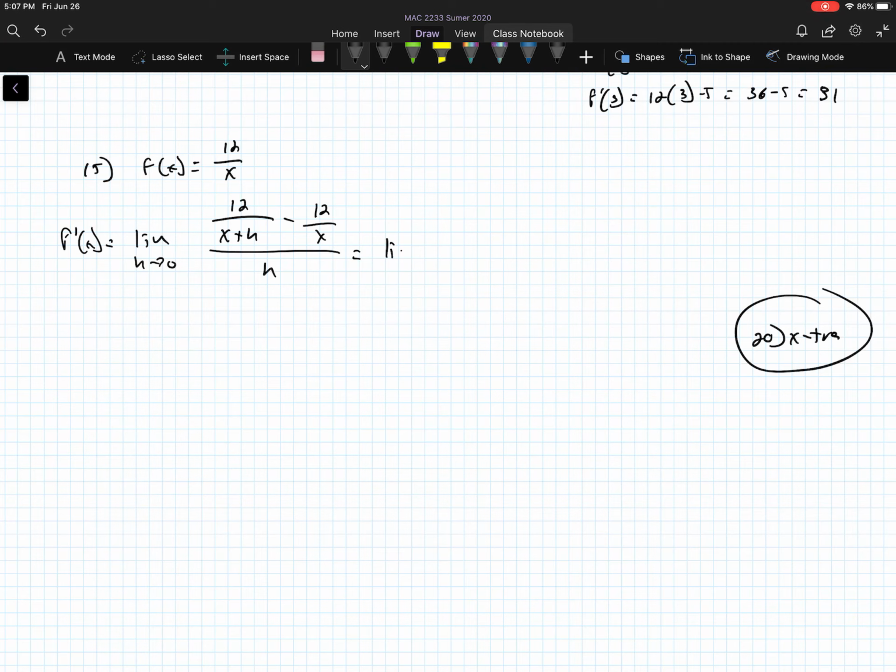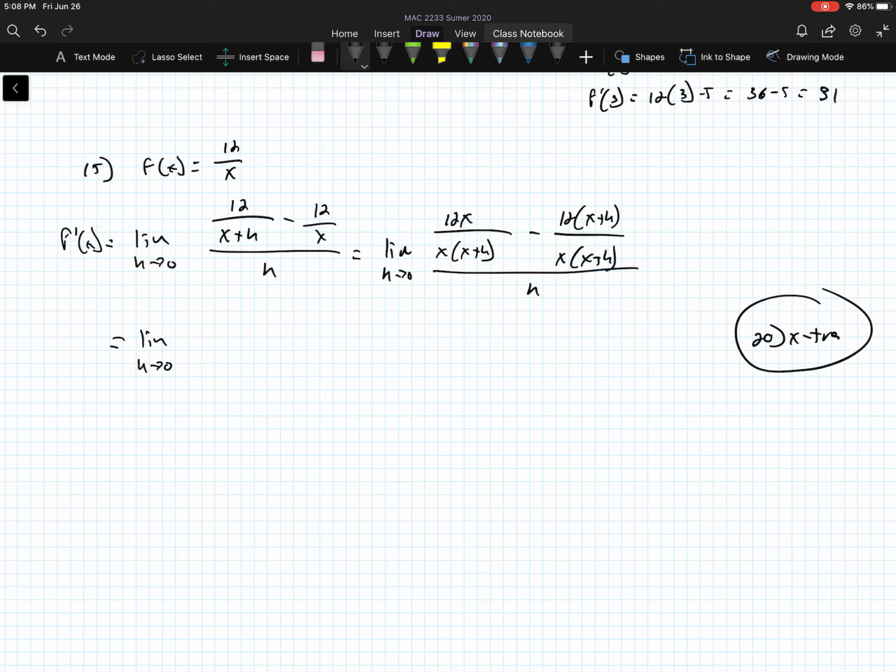So then I'm going to go ahead and combine my numerator here. So this is going to be 12x, right, and then x plus h minus 12 times x plus h, over x plus h, all over h. So I just gave the denominator to each one, so I can go ahead and combine that into a simple fraction.